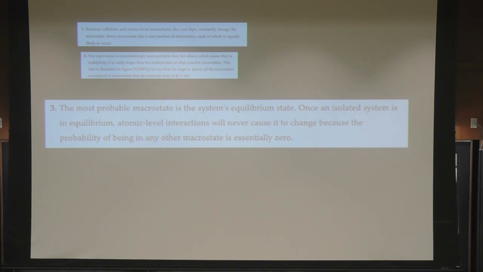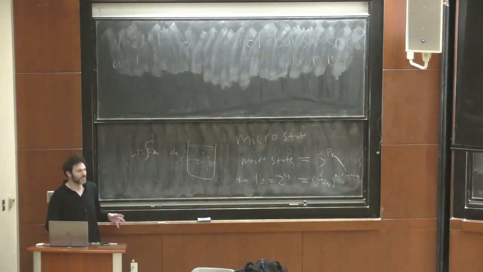The most probable macrostate is the system's equilibrium state. So once an isolated system is in equilibrium, atomic level interactions will never cause it to change because the probability of being in any other macrostate is essentially zero. The atomic level interactions will occur, there will be collisions, conservation of energy and momentum will apply, but those will do nothing to change the overall macrostate, such as the pressure, the temperature and the total energy.